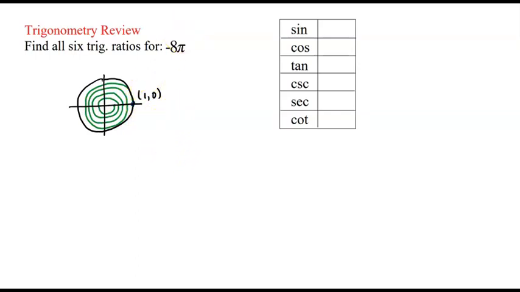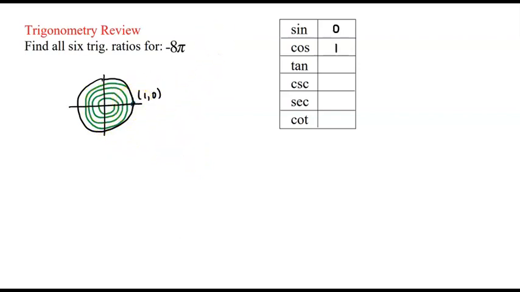And so our trig ratios, our sine, we can just say that we're taking the sine from this y value, as we determined from the previous slide, so our sine is going to be this y value of 0. Our cosine is going to be this x value of 1. If you want to think about this in terms of a triangle, it's kind of like a triangle with a height of 0 and a length of 1.